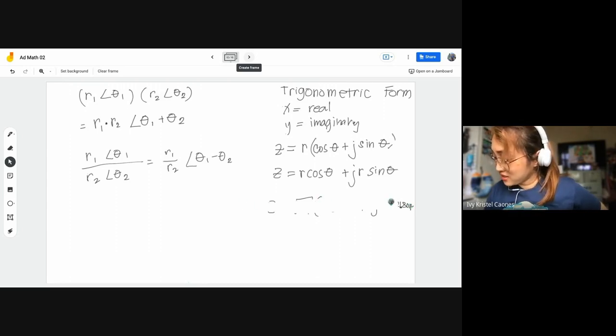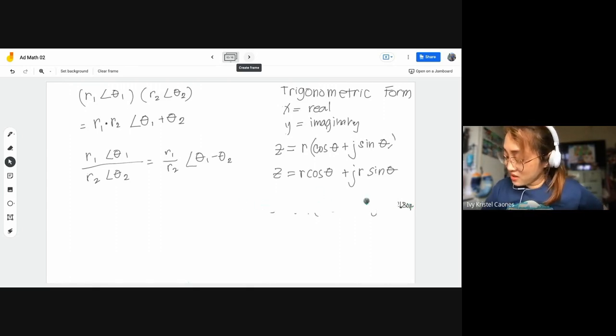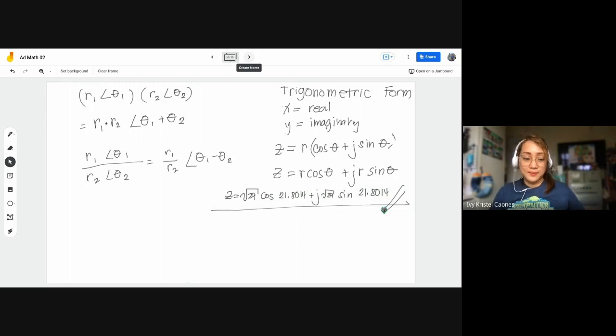Z equal to square root of 29 cosine 21.8014 plus j square root of 29 sine 21.8014. That is also accepted. Okay?